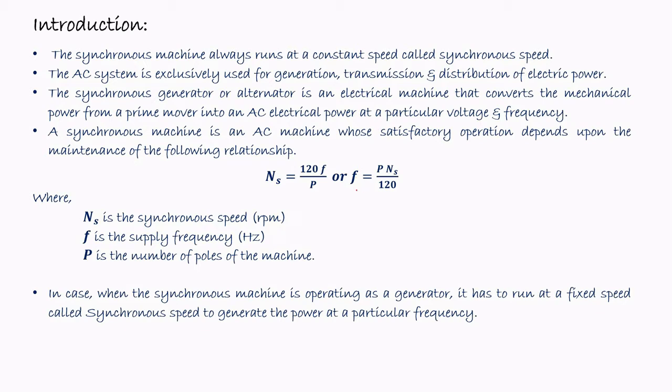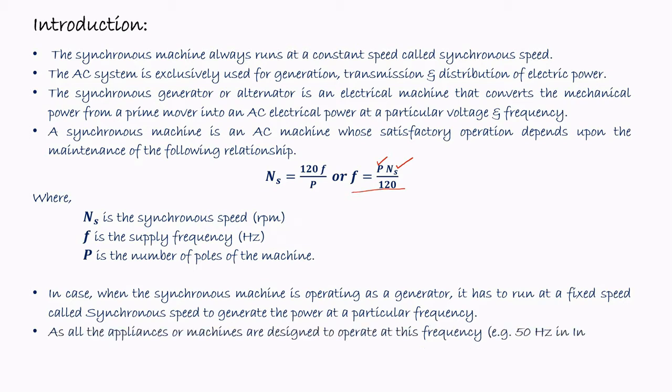The machine should run with a constant speed, that is the synchronous speed. The number of poles of the machine will also be constant. So depending upon this formula, the frequency of the induced EMF will also be constant.